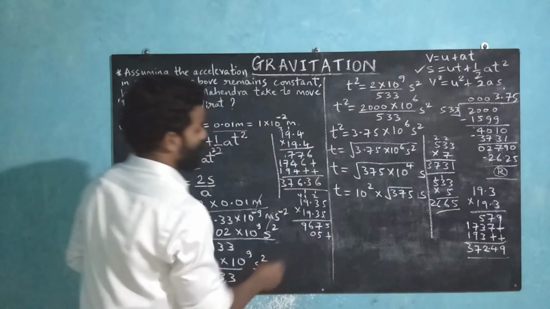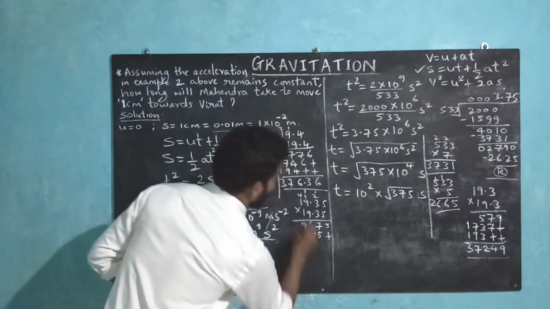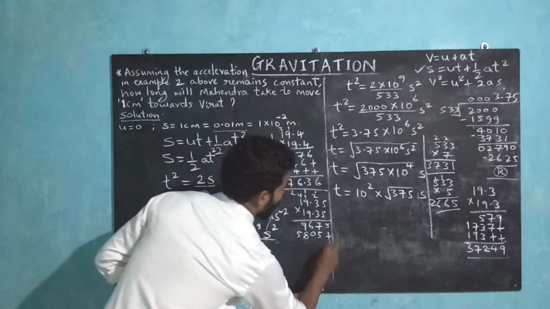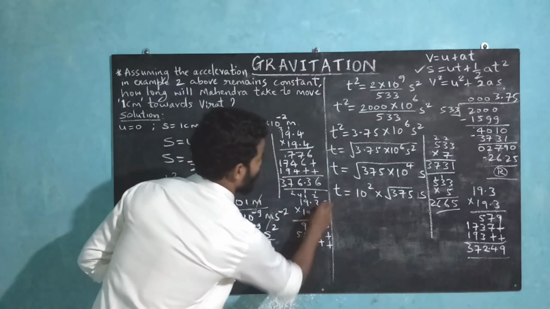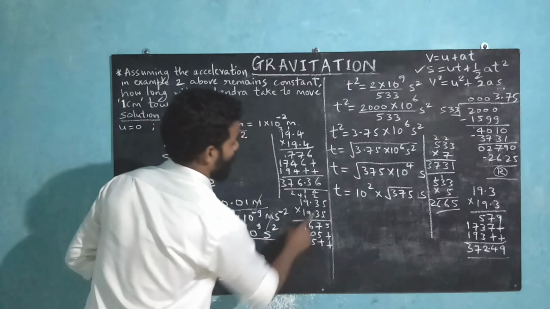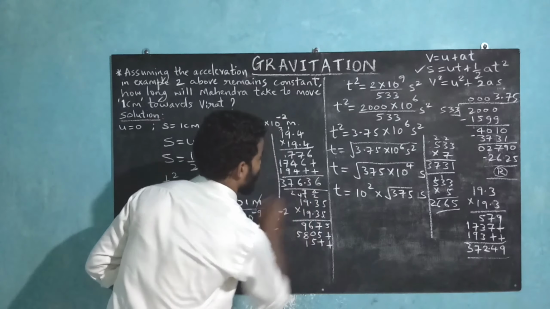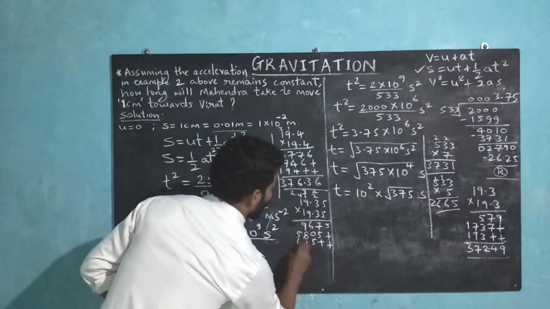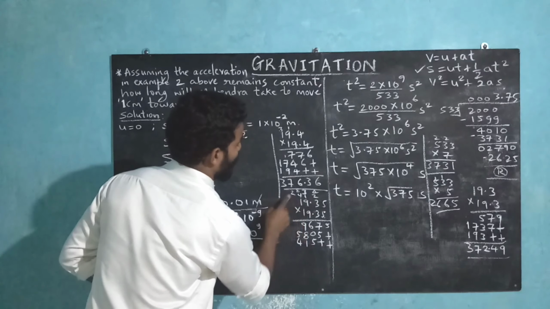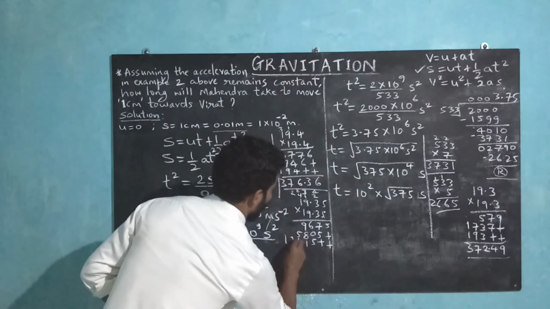And 3 into 9, 27 and 1, 28. Carry 2, 3 into 1, 3, and this 2, 5. Plus, carry 4, 9 3s are 27 and 4, 31. 84, just carry 8. 9 1s are 9 and 8, 17.